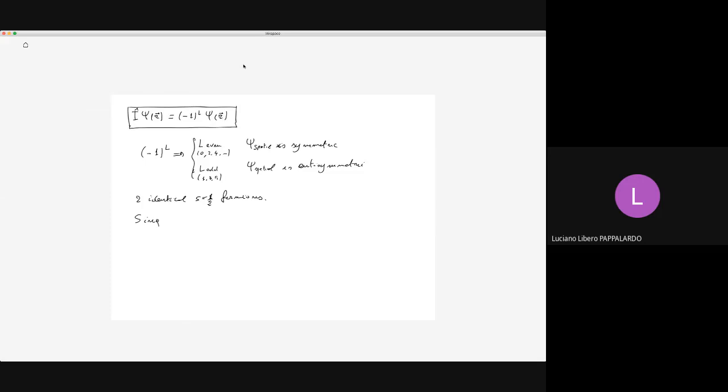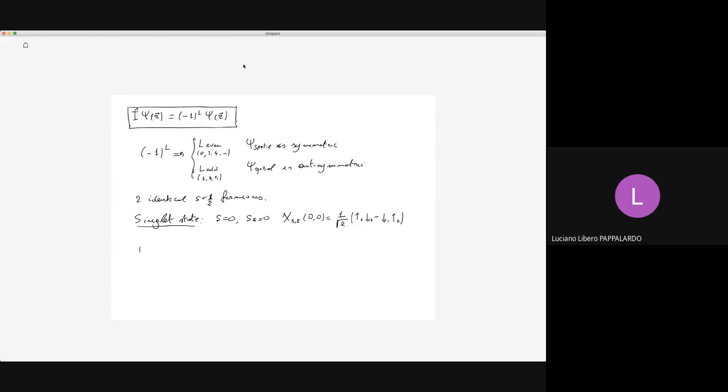The singlet state corresponds to S equals 0, and also the third component is equal to 0. We can write this singlet state for the combined system of the two identical fermions as 1 divided by square root of 2, times (1 up, 2 down minus 1 down, 2 up). This is the singlet state.